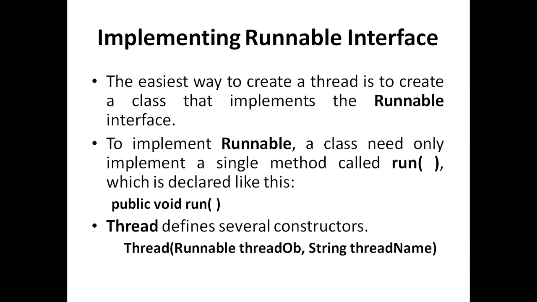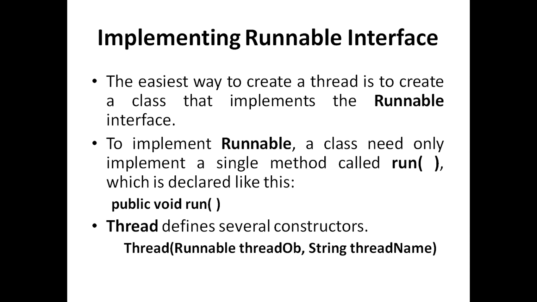Remember, we already studied in the last presentation what an interface is. An interface is just like a class which includes final fields, nothing but constant fields, and abstract methods. Abstract methods are the methods which do not have an implementation part. In this Runnable interface, there is one single method available called run.